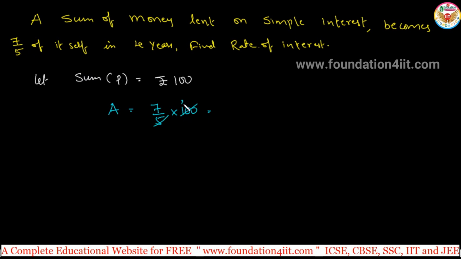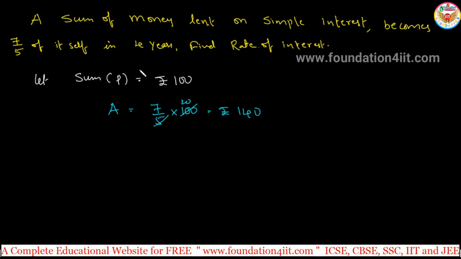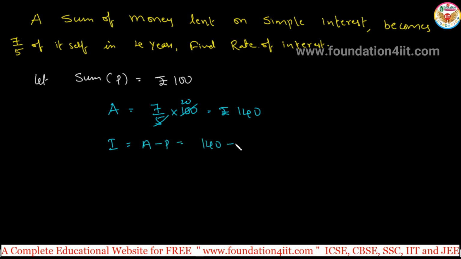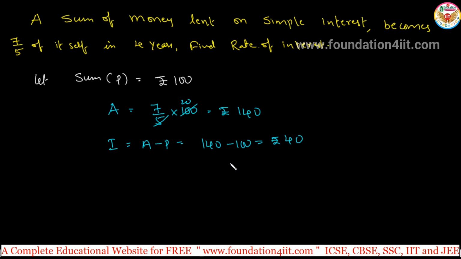So 5 times 20, 7 into 20, so 140. The amount became 140 rupees. If the principal is 100, then the amount is 140. Always take 100. Based on this, interest is equal to A minus P. Then 140 minus 100 is rupees 40. Okay, in this case, if P is 100, then A becomes 140, then interest is 40 rupees.